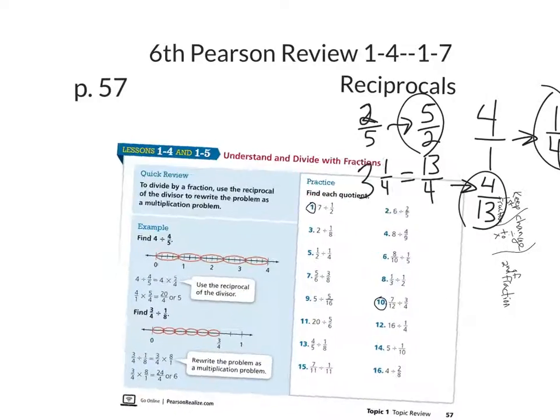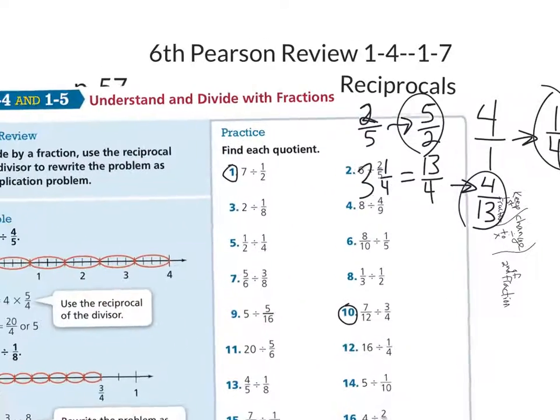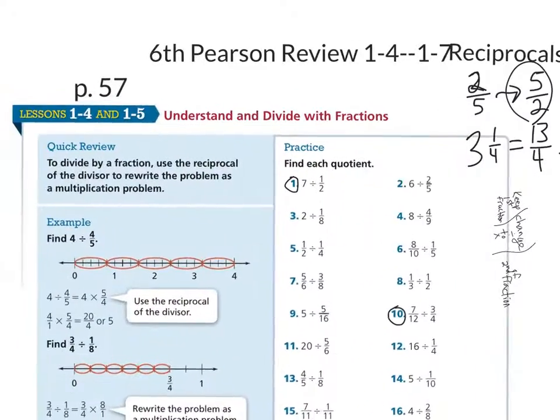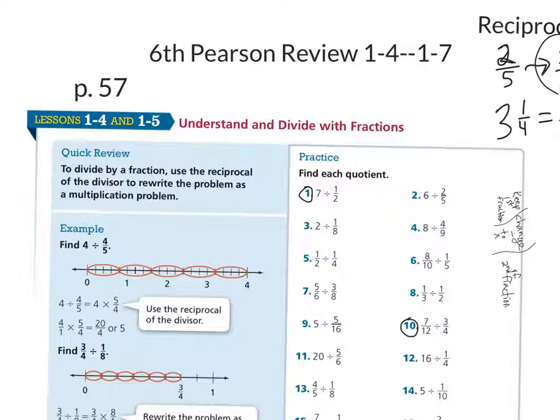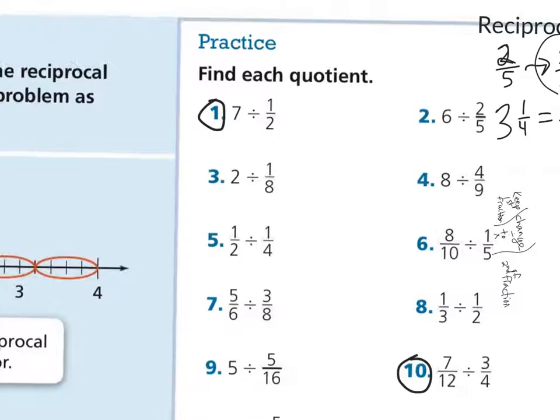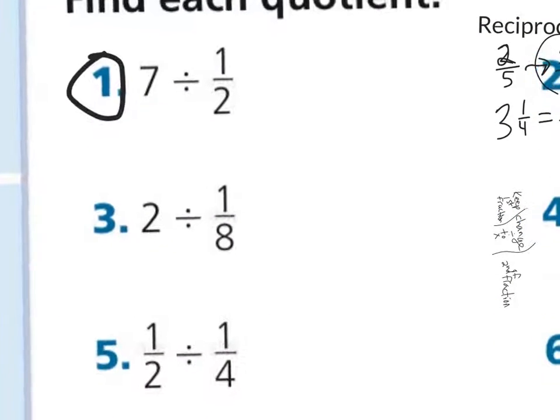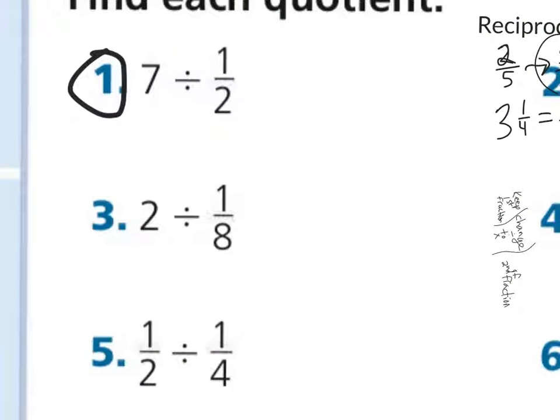So let's look at some problems here, starting with number 1. They want us to find 7 divided by 1/2. So for this problem, first of all, the 7 you could write as a fraction, 7/1. 7 divided by 1 is still 7.